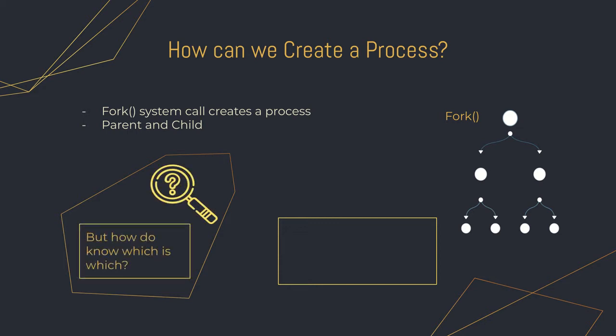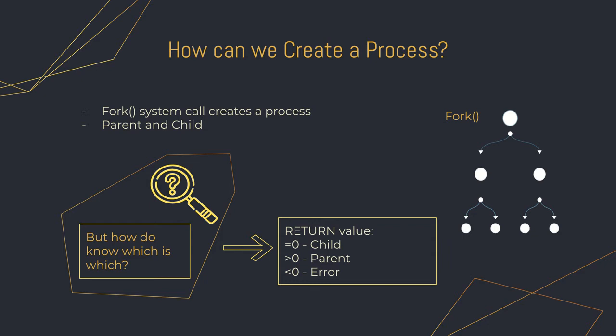But how do we know which is which? Well, fork system call returns a value, and if the returned value is 0, that means that we are in the child process. If the returned value is greater than 0, it indicates that we are in the parent process, and the value that has been returned is actually the ID of the child process.